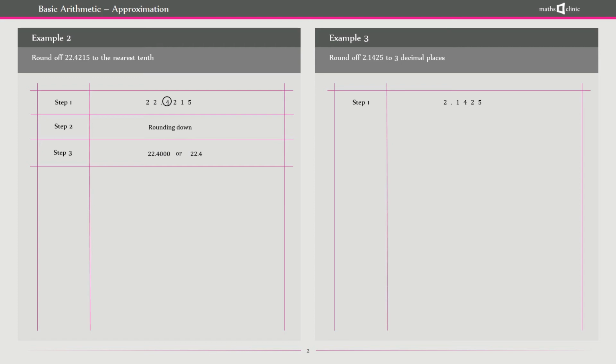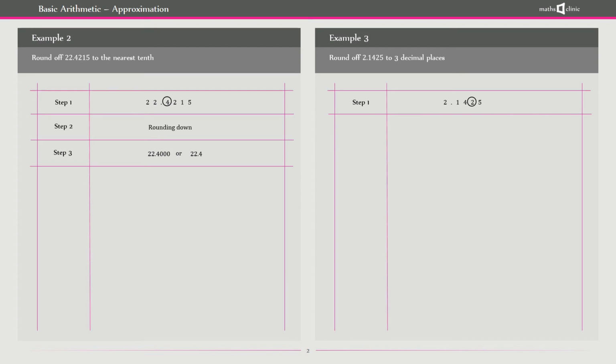We want to have 3 decimal places, so we count 3 decimal places: 1, 4 and 2. We've counted 3, and that would be our number in question. We simply count 3 decimal places from the decimal point, and we arrive at 2.